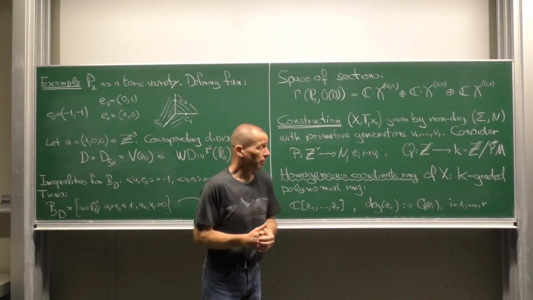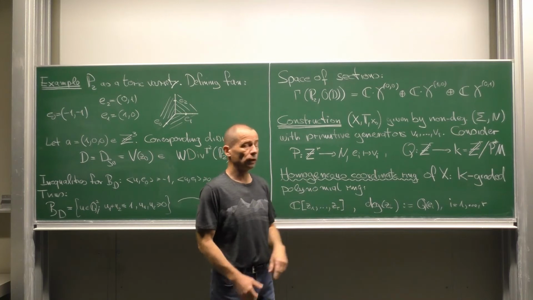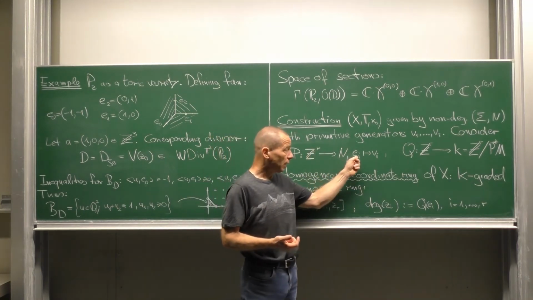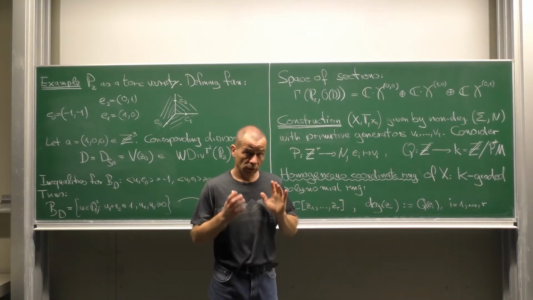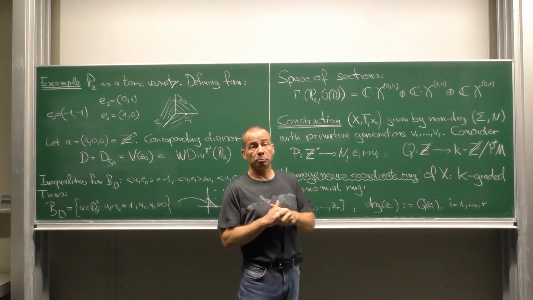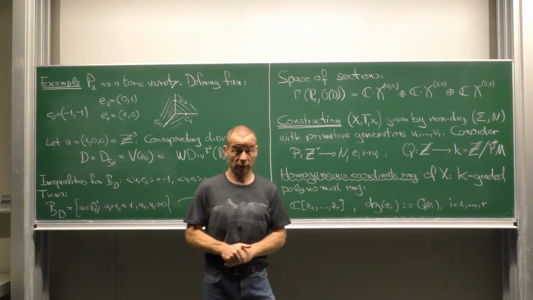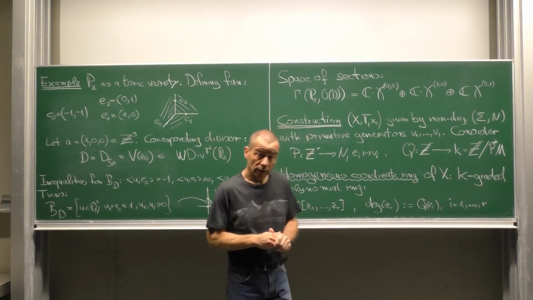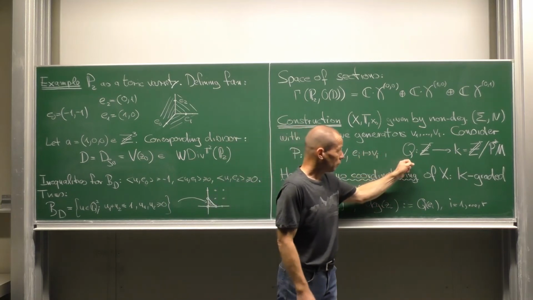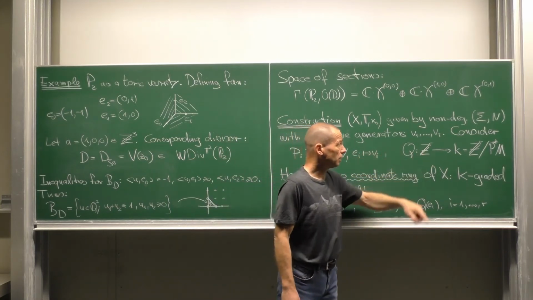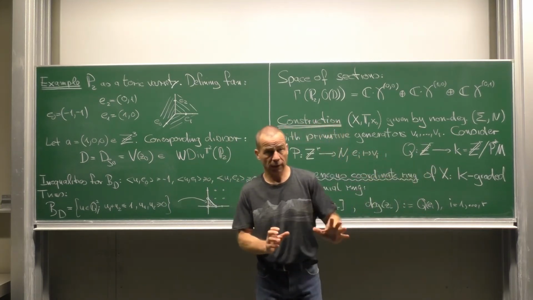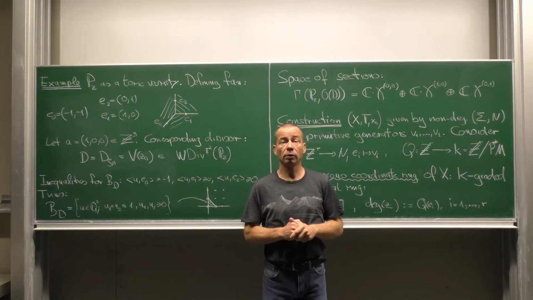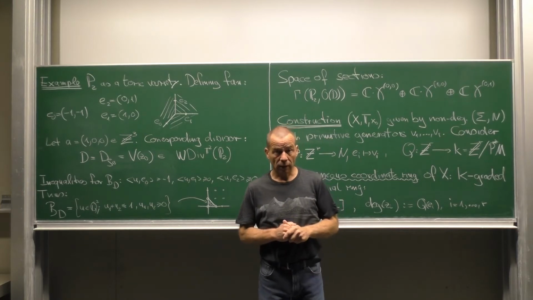Consider the linear map P from Z^R to N given by sending the i-th canonical basis vector to the i-th primitive generator Vi. Moreover, we need the projection Q from Z^R to the factor group Z^R modulo the image of the dual map P star of P.